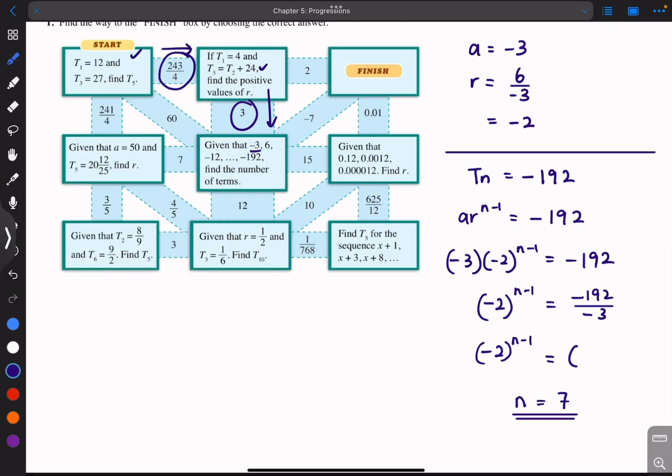I can write this as negative 2 power 6 as well. Okay, because negative 2 power 6 is also 64. So now it's kind of fair. So n is 7. Right. So then the number of terms would be 7. So we need to go this way. Alright.